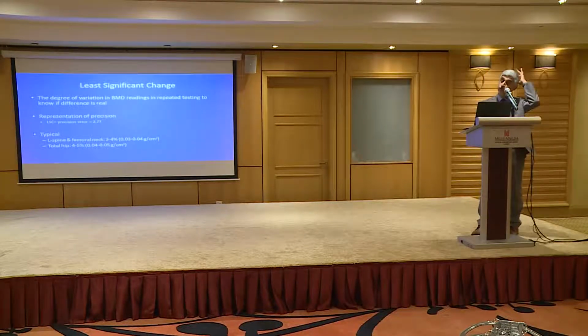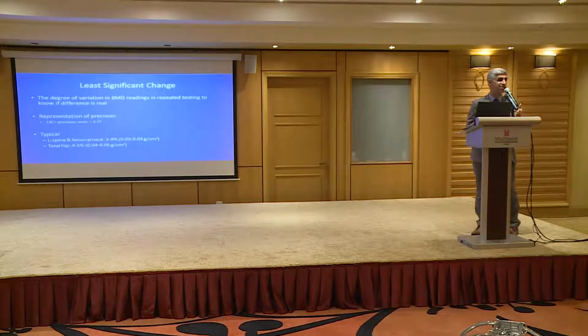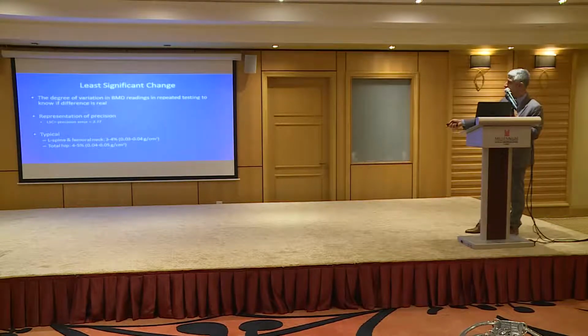Because for glucose, for example, if I get 5.1 and 5.6, probably clinically it means nothing, right? But in DEXA scan or BMD values, you need to know what would be a significant result. So we do this analysis to look for the least significant change.